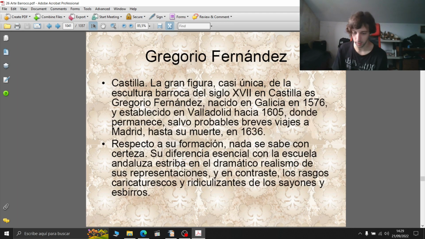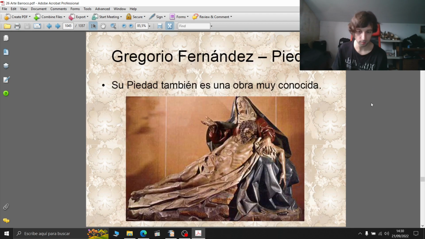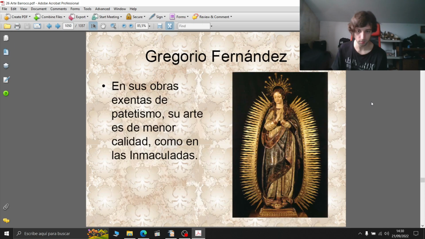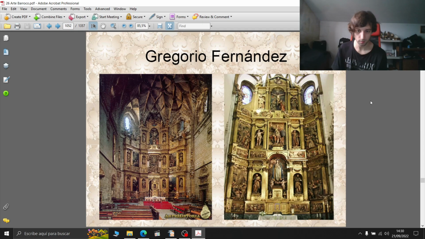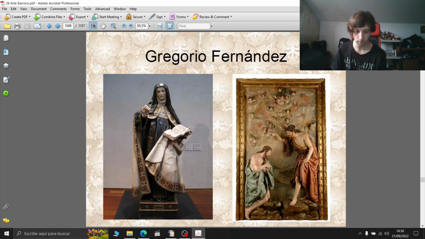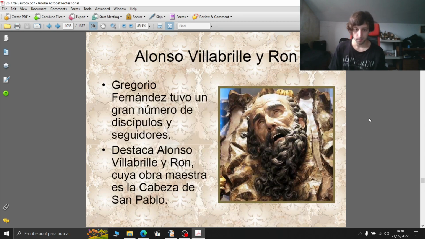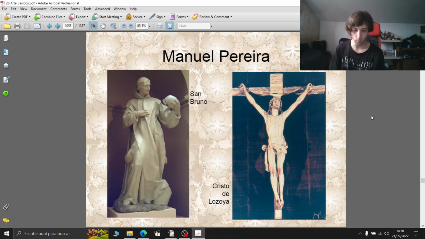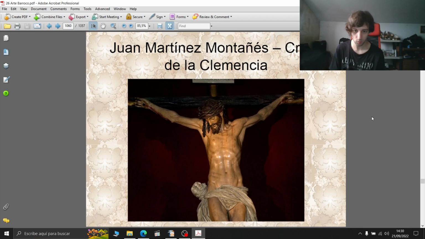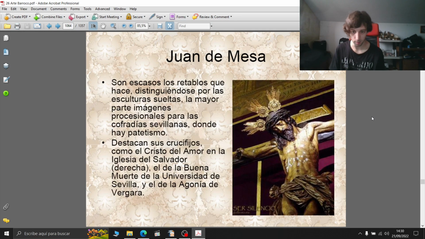Now the sculpture, here more examples of the sculpture. Gregorio Fernandez, and also they put the clothes to the sculptures. Alonso Villabrigirón, Manuel Pereira, Juan Martínez Montañés, Juan de Mesa.